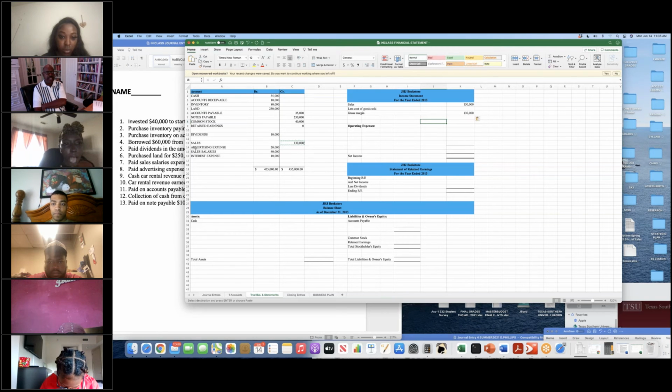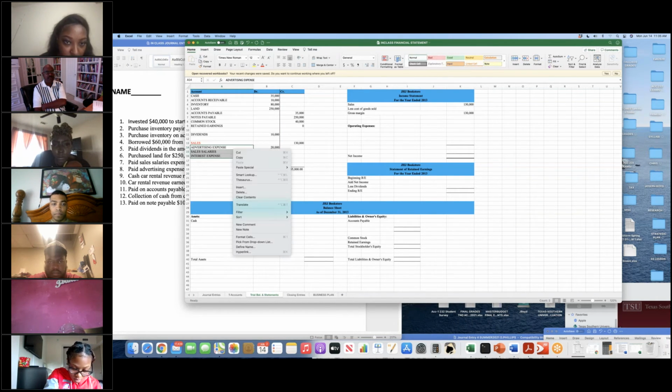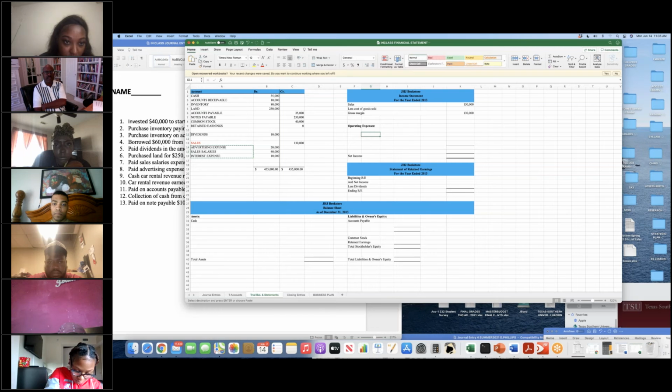As we get ready to do the income statement, remember the income statement, we do it sales down. Now we're going to pick up our 3 expenses. And we'll put them here.